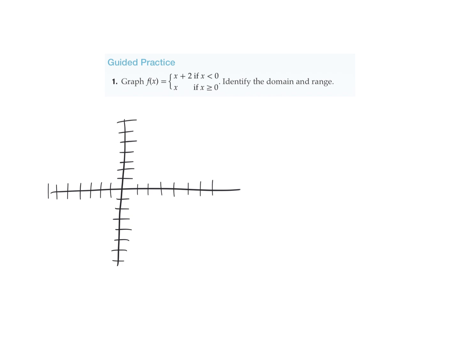Let's say I'm going to do the red one as the top one. It's telling us it has a y-intercept at 2. So I'm going to write a dot at 2, and then it says it has a slope of 1, so I can write rise over run. So I can go up 1, run 1, up 1, run 1, and I can follow that same pattern to the left.